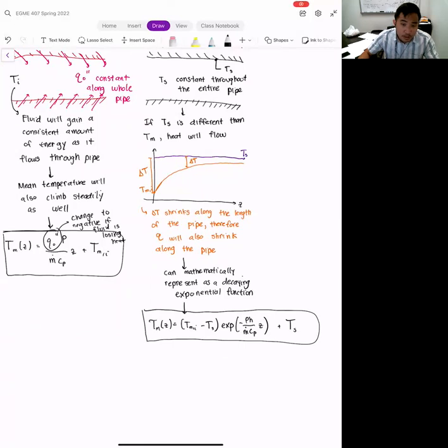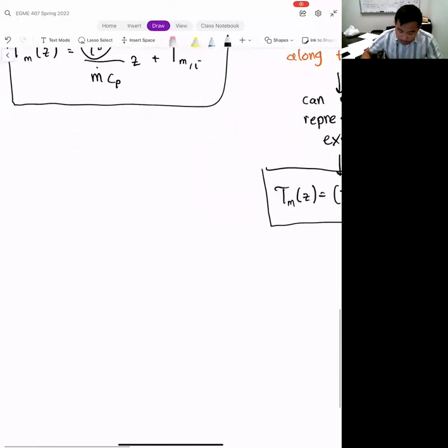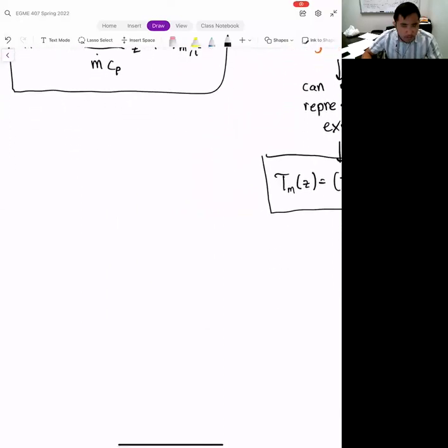Remember that with free convection and external convection, the fluid temperature is not going to change. But most of the time with internal convection, the fluid temperature is going to change, and that has to factor into your analysis in some way. So that's the most important thing to take away from internal convection.